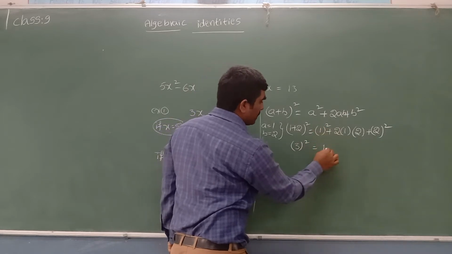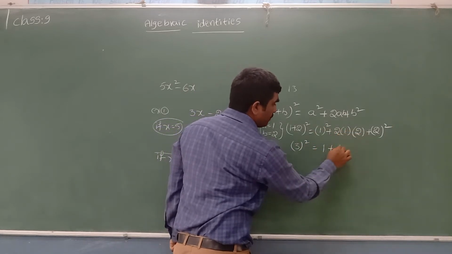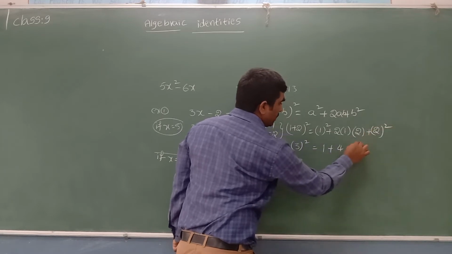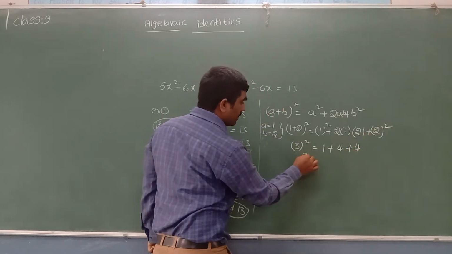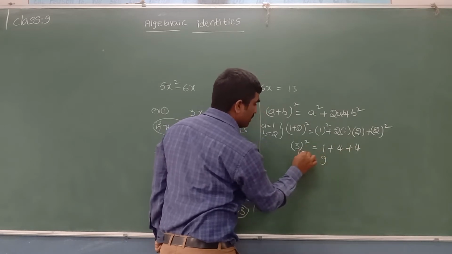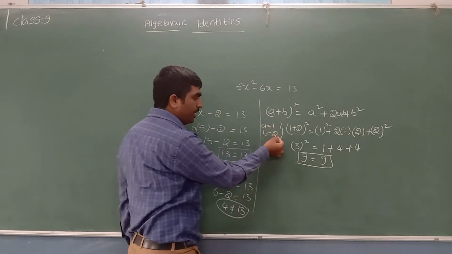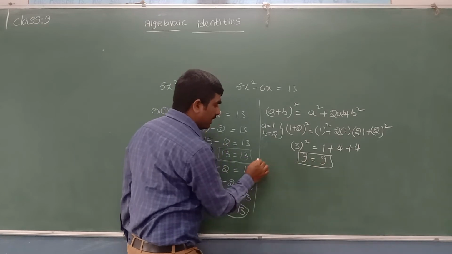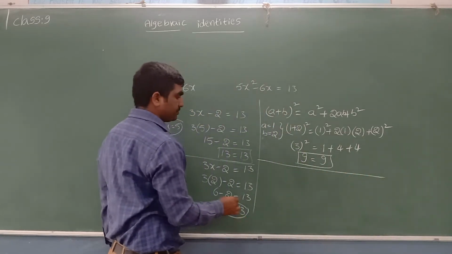Here 1 square is 1, plus 2 ones are 2, 2 twos are 4, plus 2 square is 4. 3 square is 9; 1 plus 4 plus 4 is 9. Yes, by taking a equal to 1 and b equal to 2, I got both LHS and RHS equal.